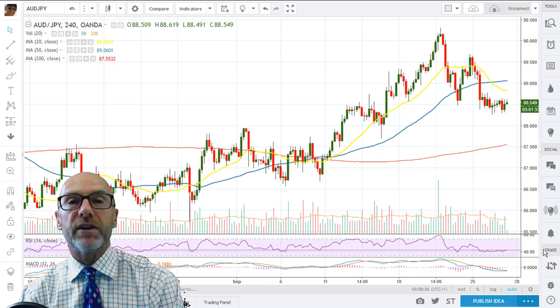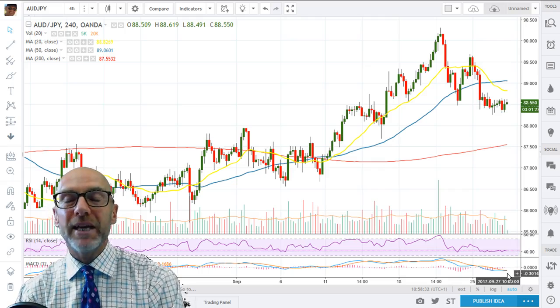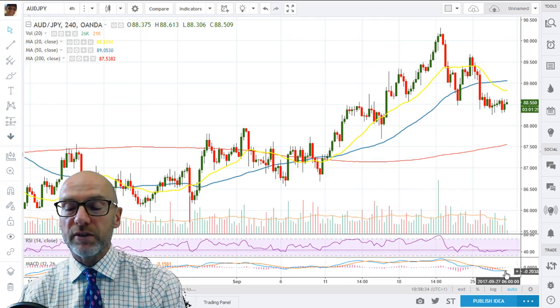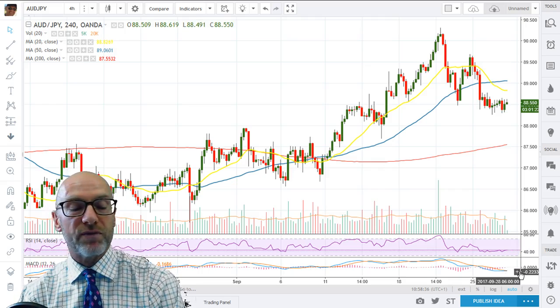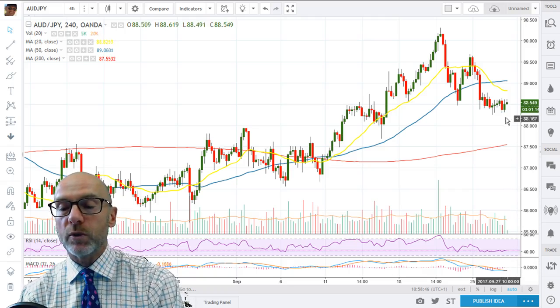It's below 50, 43.78. Does need to get a move up. That's maybe started. If you look at the MACD, that's now flat lining, although it is well below zero. Keep your eye on that for the signs that the momentum could be shifting. That's all it would take, a shift in momentum back above the 50, and then we'll be soon breaking the resistance.